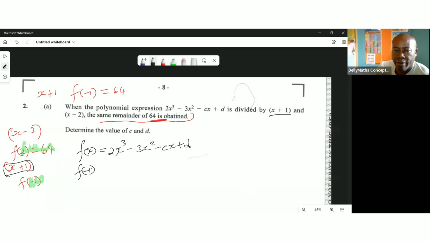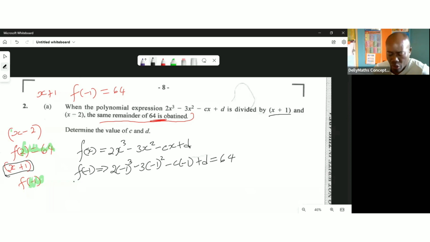So if I do f of -1, then we're having 2, open bracket, -1 to the third, minus 3, open bracket, -1 squared, minus c times -1 plus d. The remainder would have to be 64. So that's the principle.